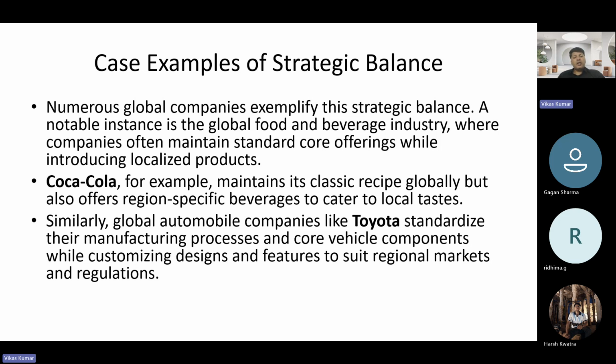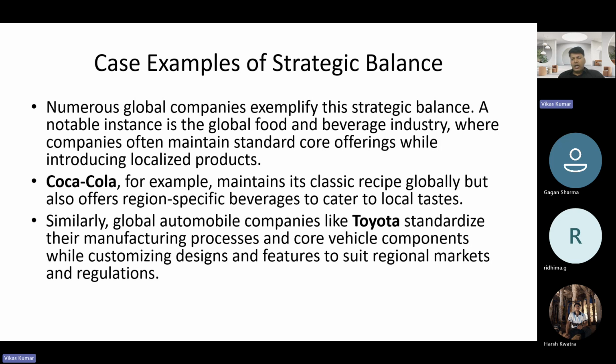So they have standardized their manufacturing process and core vehicle components while customizing the designs and features to suit the regional market and the regulations also. There is an agreement between Toyota and Maruti Suzuki with respect to India. There are some models like the Maruti Suzuki Brezza and the Toyota Hyryder, I think.